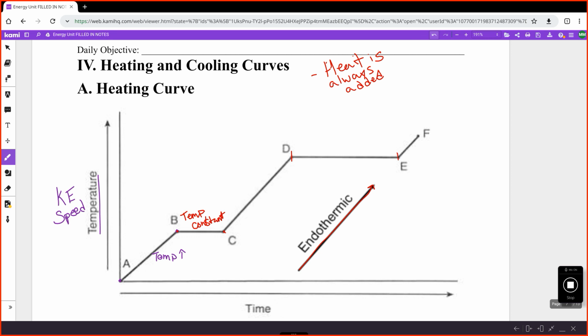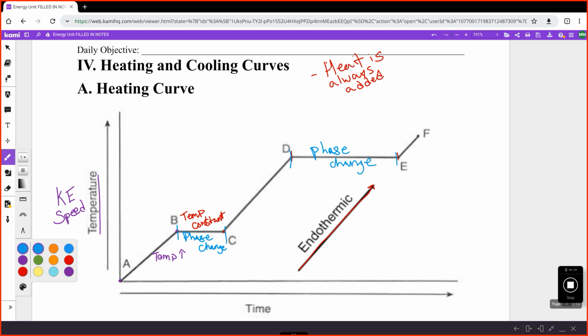Right? And the answer is actually really simple. The answer has to do with the fact that this section is a phase change. And this section over here is also a phase change.